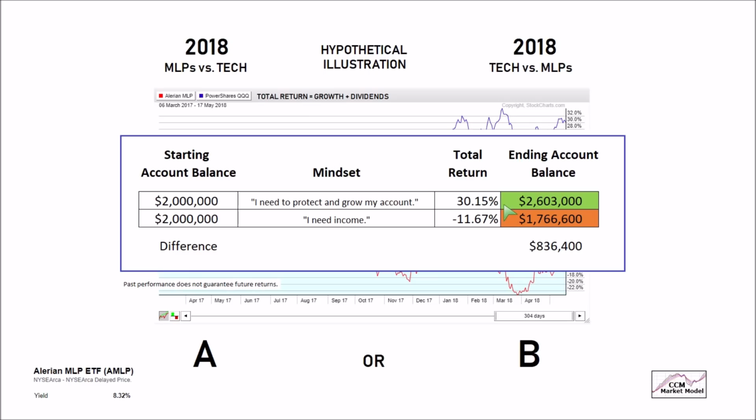How do I know my strategy is working? If my account balance is growing, I'm probably doing all right. If my account balance is going backwards, despite the 8% dividend, then I have a problem. Again, this is an extreme example to illustrate basic concepts.